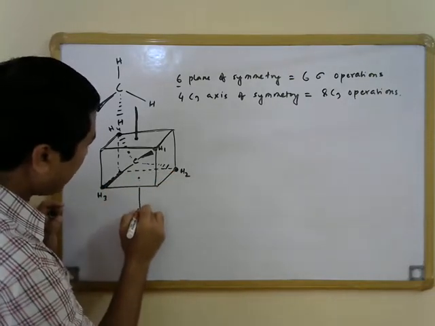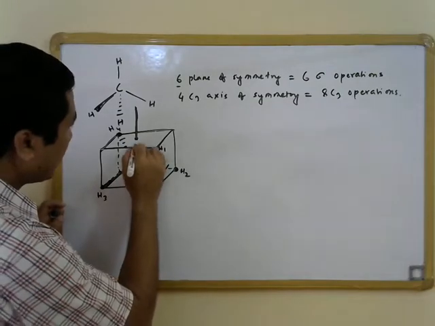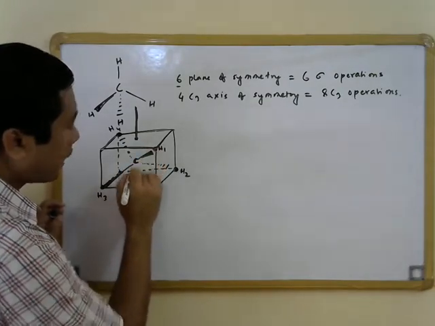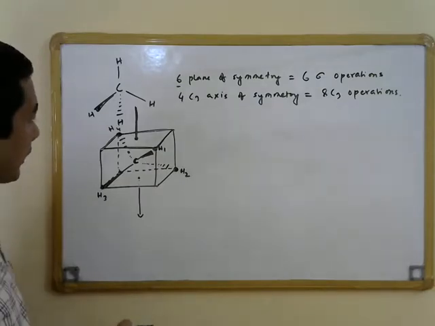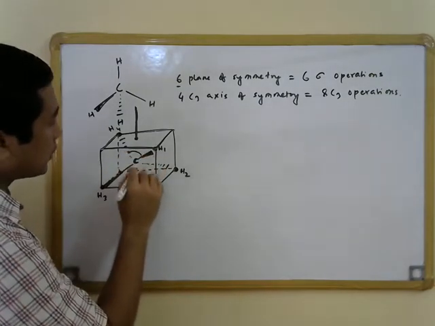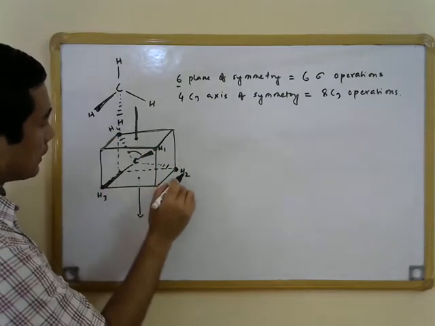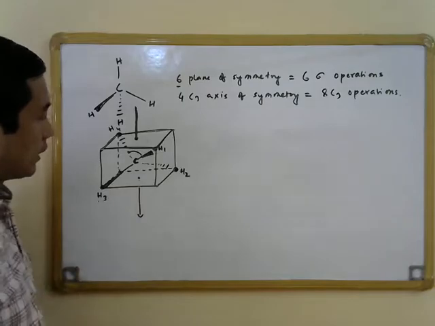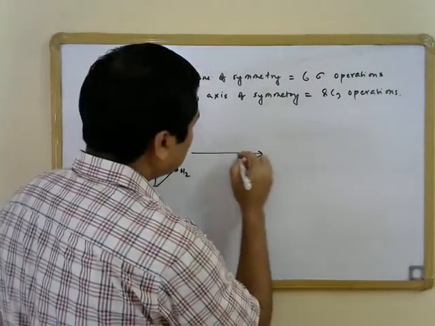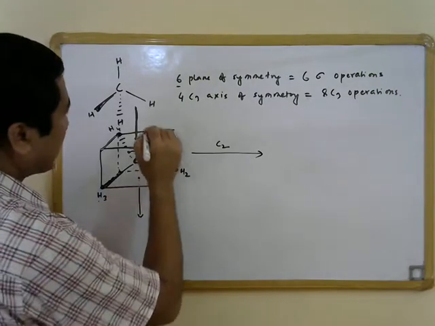In that process the axis will also pass through the carbon atom, and what we can see is that this axis now bisects the angle between H1CH4 as well as H2CH3.